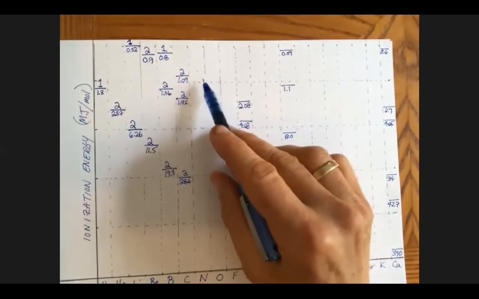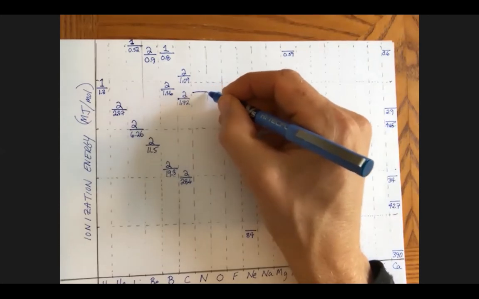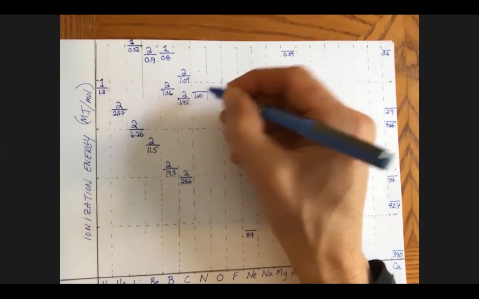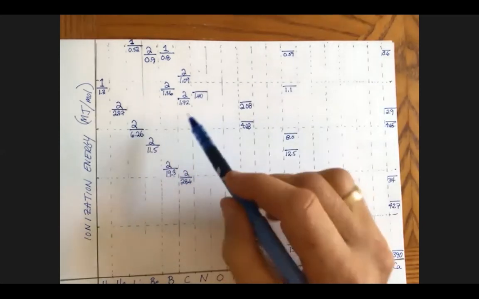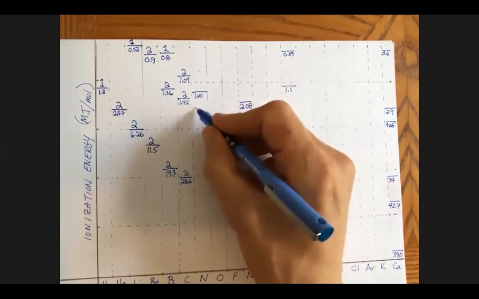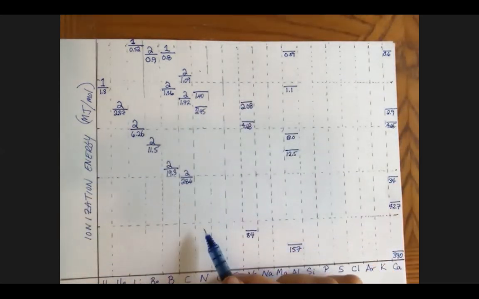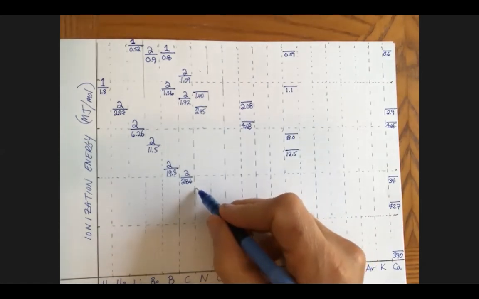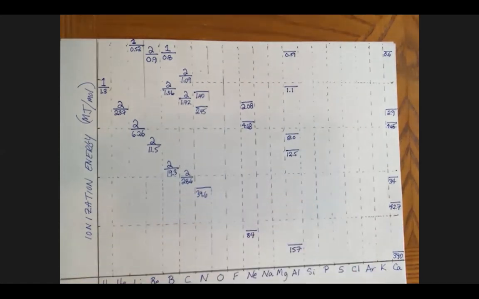So 1.40 should be right around here, looks like. 1.40. 2.45. Well, it's going to be scrunched right in here. 2.45 and 39.6. We got some space down here for this one. So three peaks at those values, those energies.